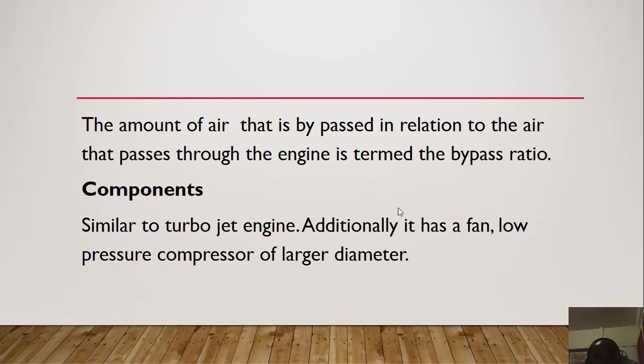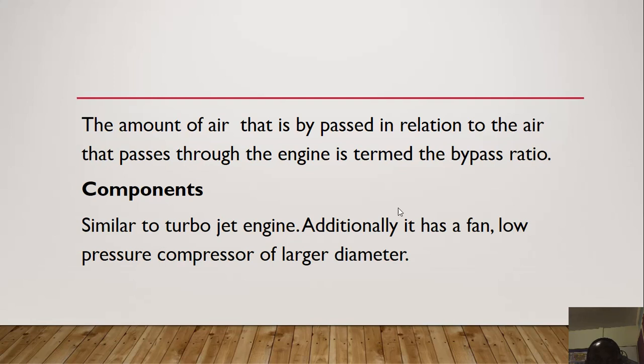The amount of air that is passed in relation to the air that passes through the engine is termed the bypass ratio. So this fan blows air into the engine. There's air that passes through the normal engine, then there is air that goes to the bypass area. That is called a bypass ratio, the air that is bypassed in relation to the air that passes through the engine.